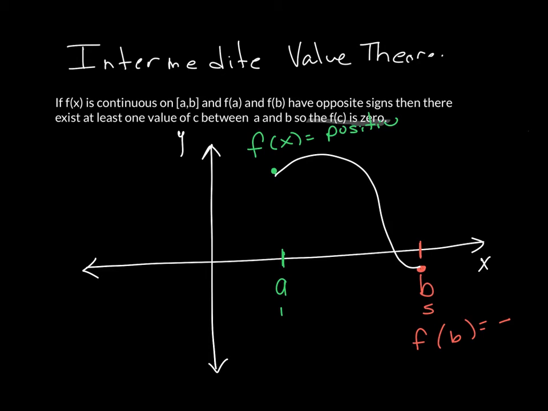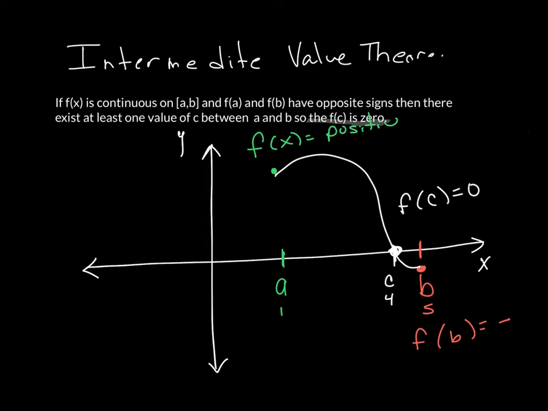So that last piece says that when f of a and f of b have different signs, it means there's at least one value of x that is equal to c, where f of c will equal 0, meaning maybe c in this case would be 4.